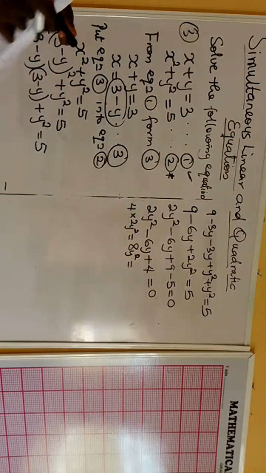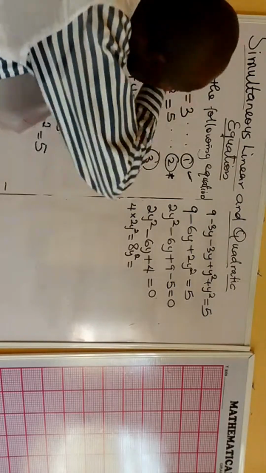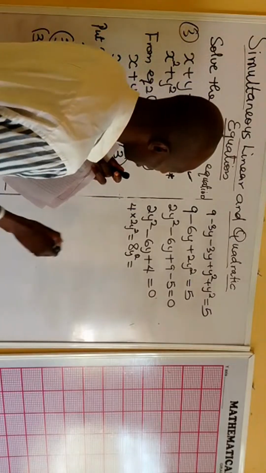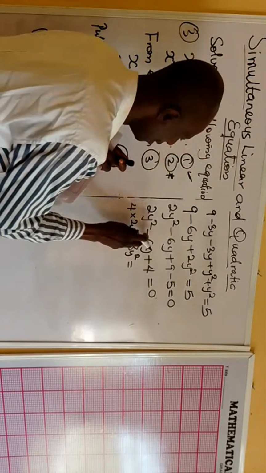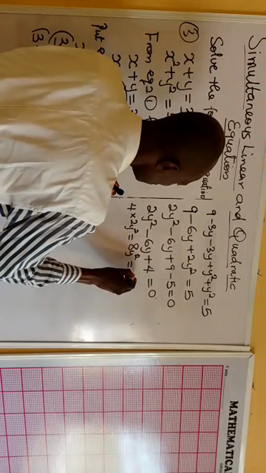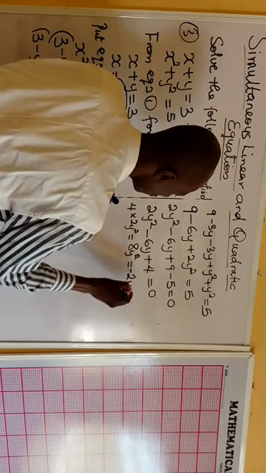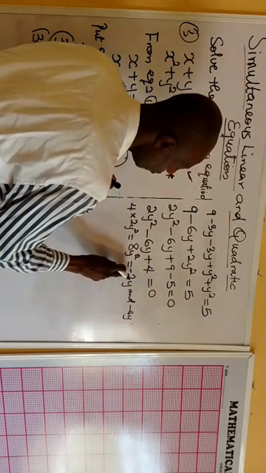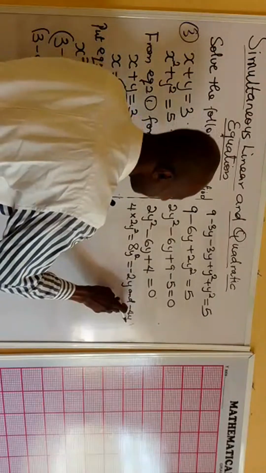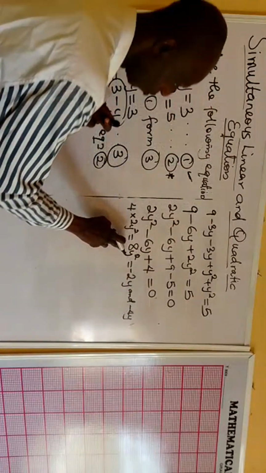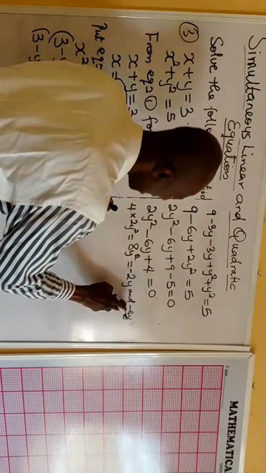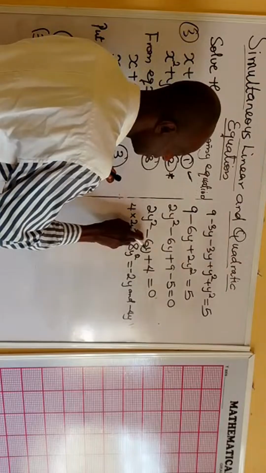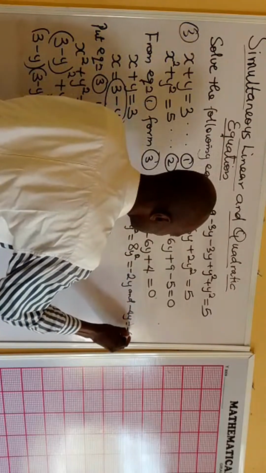Let's get the two values that when you multiply, give you 8y squared, and when you add, give you minus 6y, which is minus 2y and minus 4y. Because minus 2y times minus 4y gives us 8y squared, and minus 2y minus 4y gives us minus 6y. You must get this. If you don't get this, it's not correct.